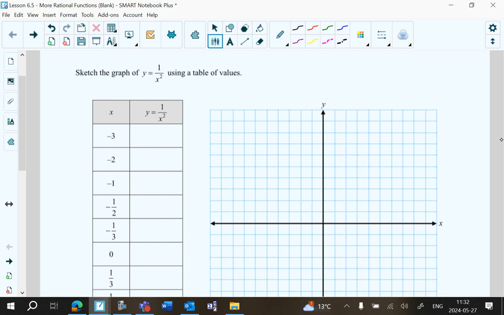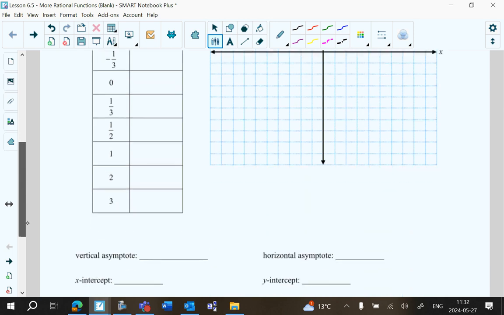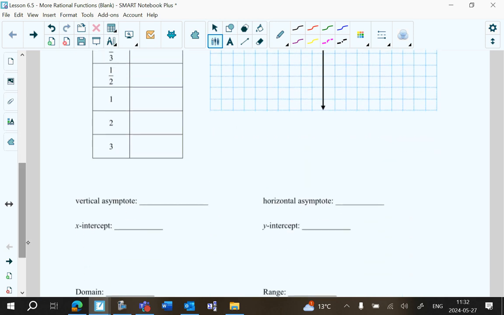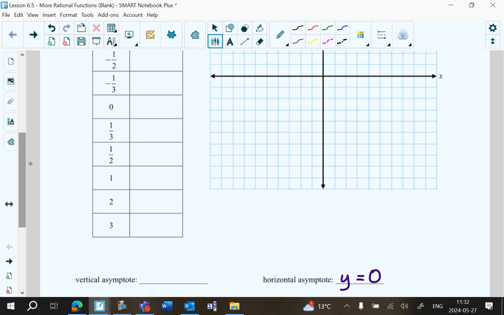And I told you that all the graphs that we're going to look at, the horizontal asymptote is the x-axis, or y equals 0. Okay? We know our graph is not going to touch. It's going to get close to the x-axis, y equals 0, but it's not going to touch.